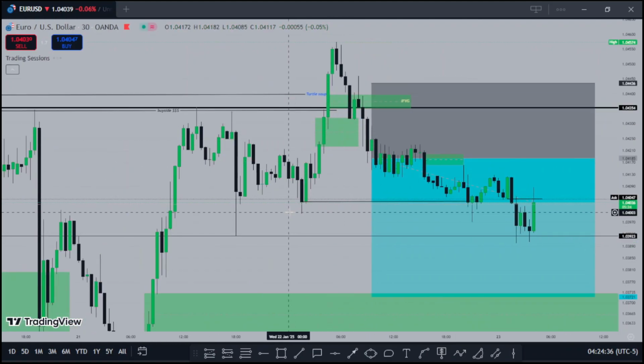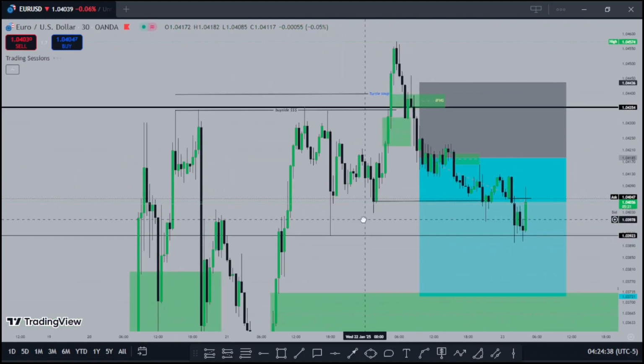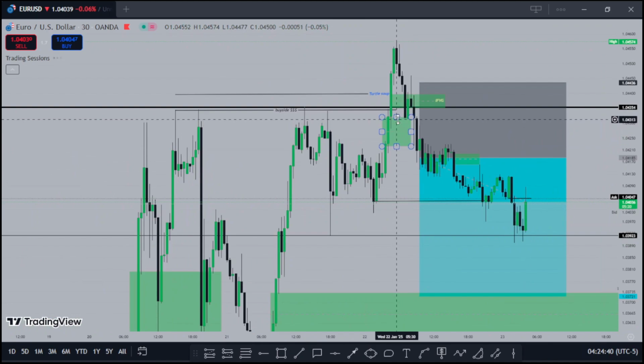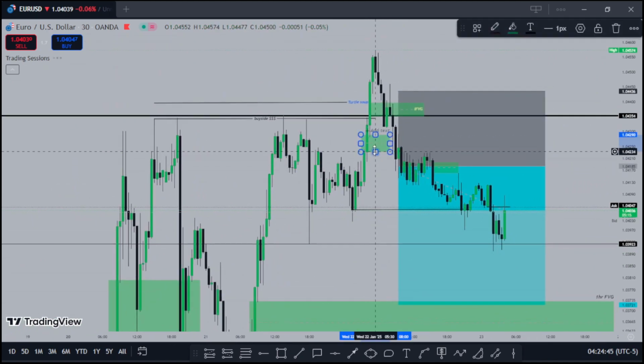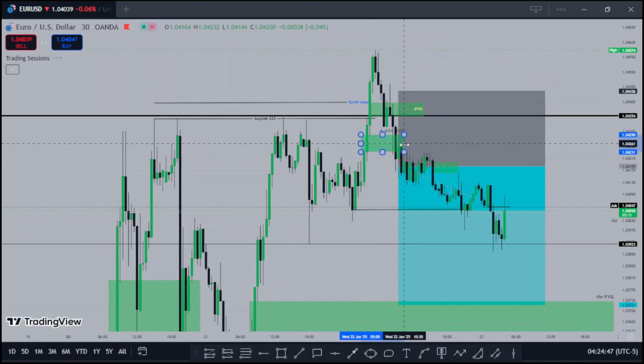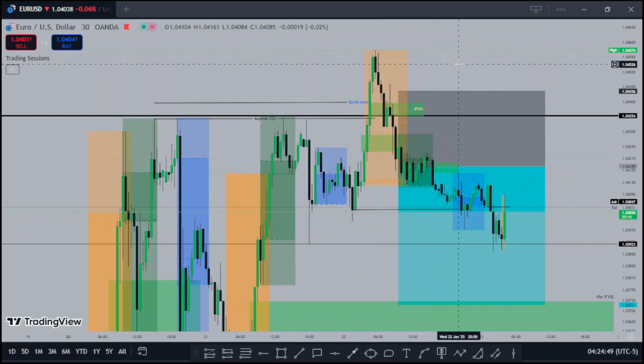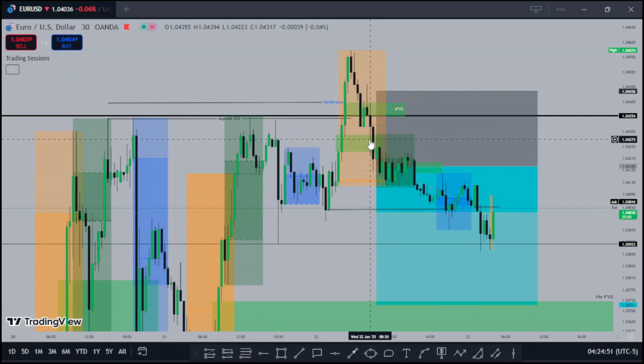Okay, there we go. So you see, there was this 30-minute fair value gap over here, and my analysis was that I want to see price come back to this fair value gap.